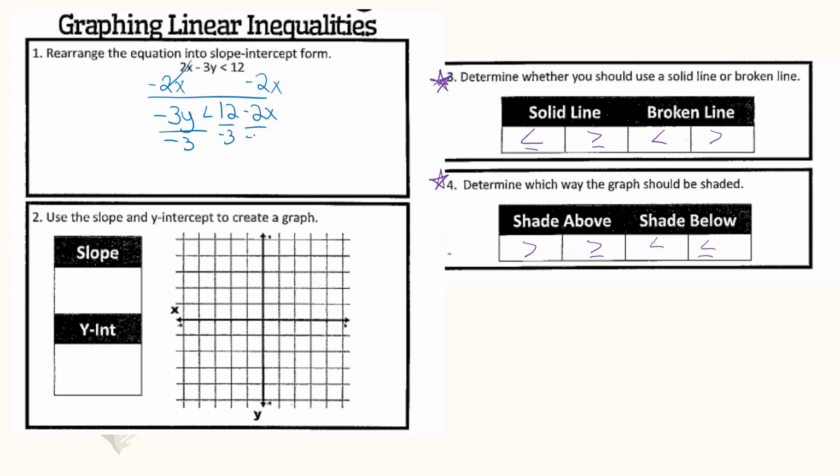Now, hopefully for some of you, dividing by a negative has alarm bells going off in your head. If that's the case, that's great. If not, not a big deal. Think back to inequalities again. If you divide by a negative number, what do we need to do with our symbol? Hopefully you're saying we need to flip it.